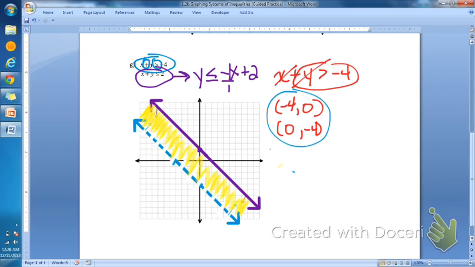So we have shading above one line, below the other. It's only in between those two lines. We could have recognized that we were going to have parallel lines because we noticed that our coefficients of y are exactly the same, and so are our x's, but our constants are different.